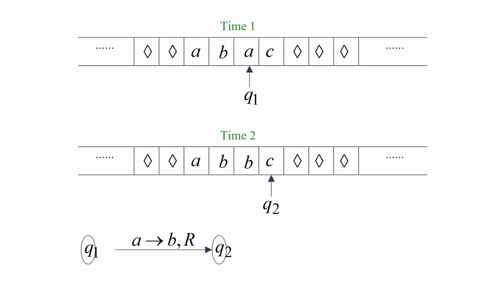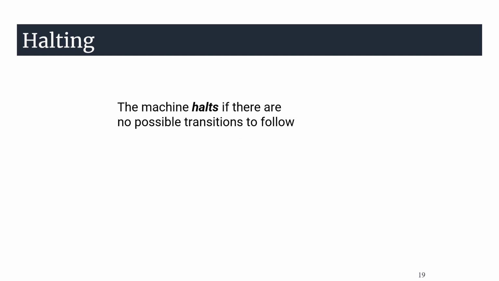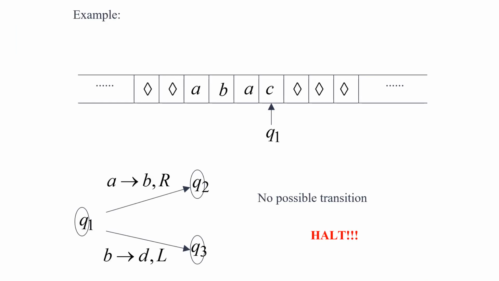Now what is the condition for halting? The machine halts if there is no possible transition to follow. In this example, there is a string A, B, A, C. The transitions for this string are: from state Q1 there is a transition to Q2, where when we read A we write B in the place of A and move to the right.